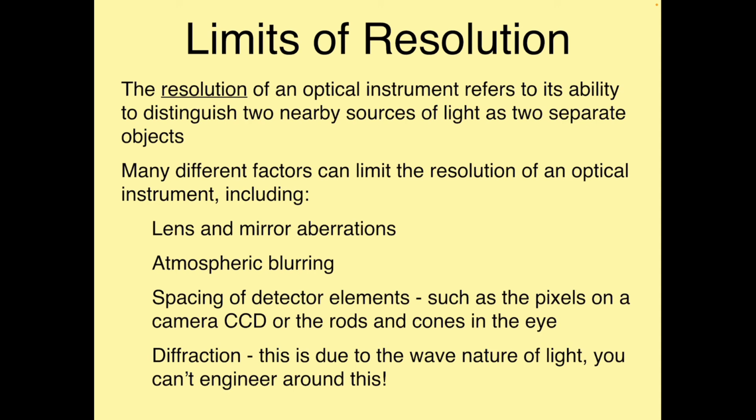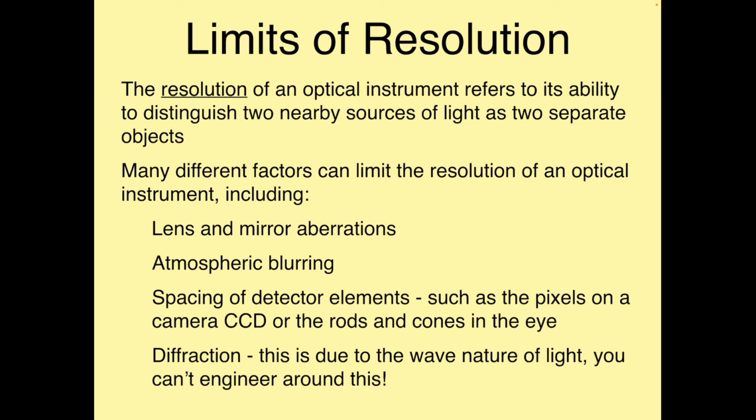So if I set up a telescope in my backyard and I try to observe a star with that, well, the light from the star has to travel all the way through Earth's atmosphere to get to my telescope. On the way, you can get a great deal of atmospheric blurring, and again, that can affect your resolution. The more atmospheric blurring you're experiencing, the poorer your resolution is going to be.